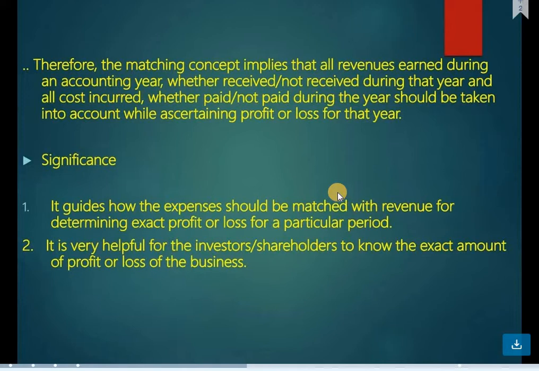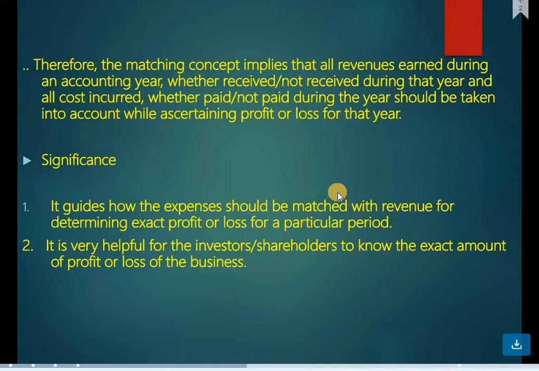So what is the importance of this matching concept? Why do we need it? Because it guides how the expenses should be matched with revenue for determining the exact profit or loss for an accounting period, and how it should be shown in the profit and loss account for the period.